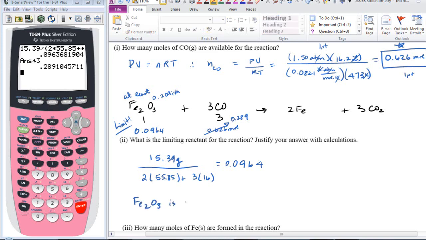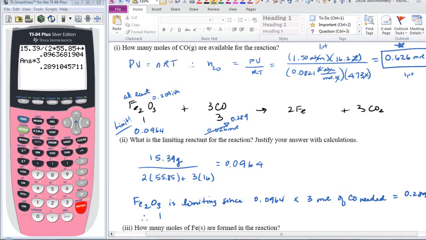Fe2O3 is limiting since 0.0964 times 3 moles of CO needed equals 0.289.